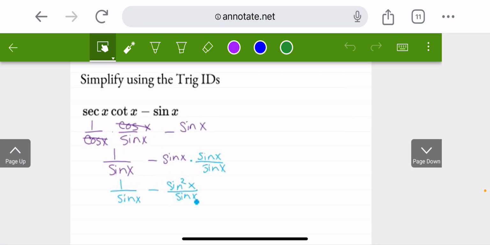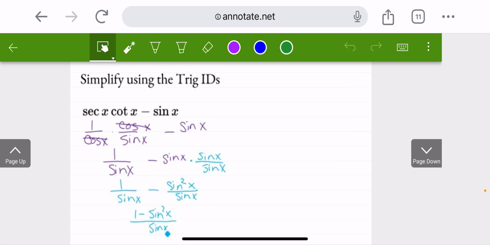That way I can combine them together: 1 minus sine squared x over sine of x.